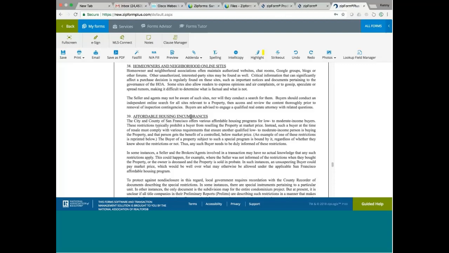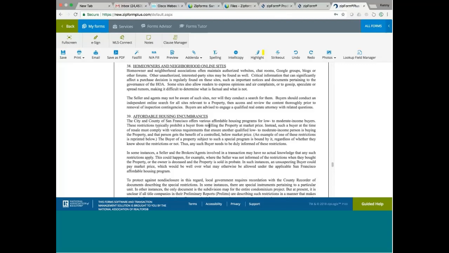That's why I call it encumbrances, because an encumbrance is basically a restriction on title. So if you can't sell the low-cost housing within a certain number of years, that becomes an encumbrance. Now it says here, these restrictions typically prohibit a buyer from reselling the property at market price.